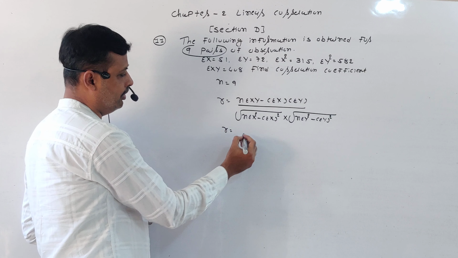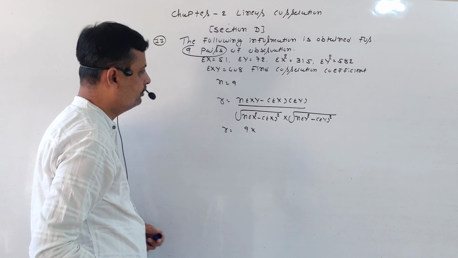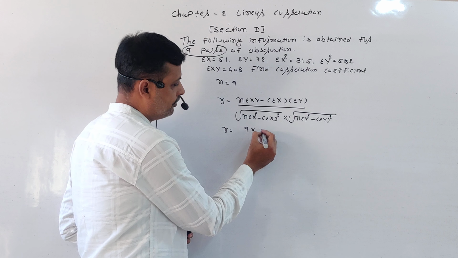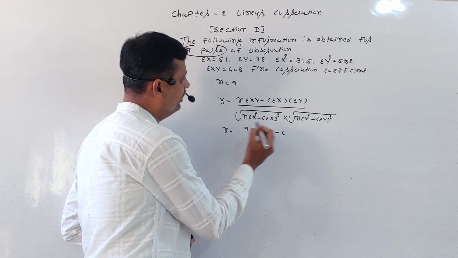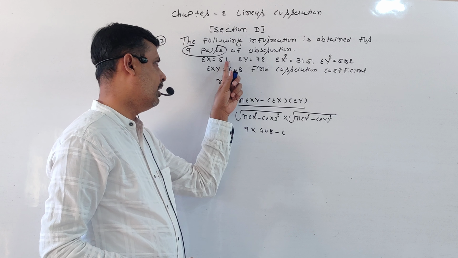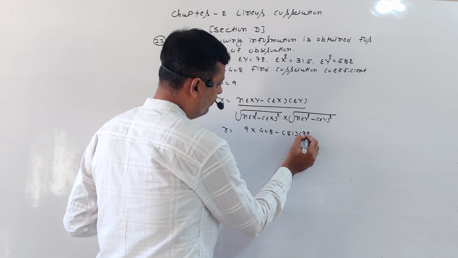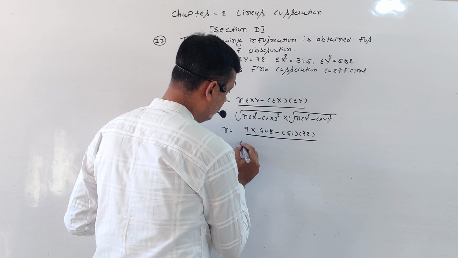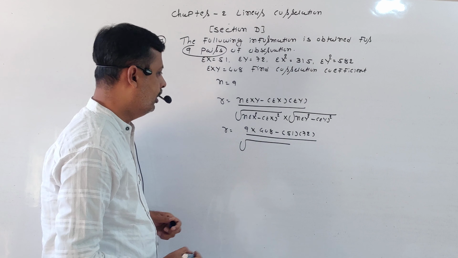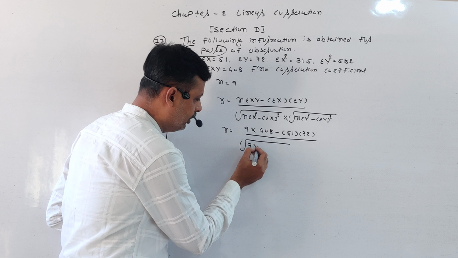Now 9 pairs are given, so n is equal to 9. Sigma xy is given here, 408. Sigma x is given, 51. Sigma y is given, 72. Now the value of n is equal to 9.